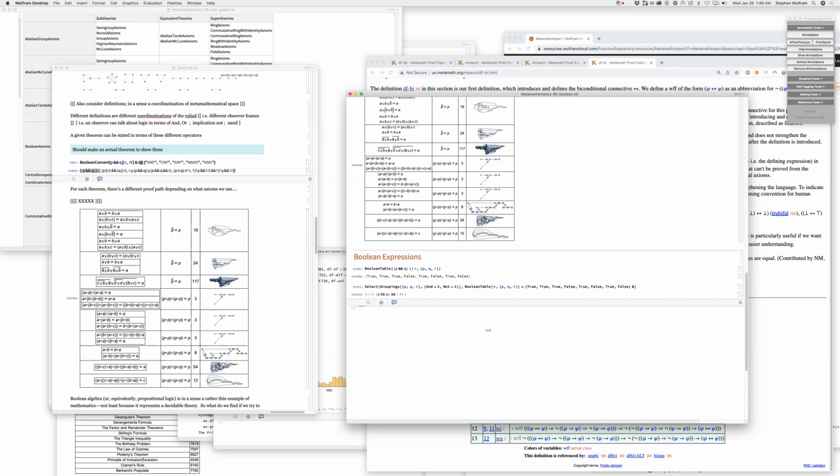Then, for example, we might say the same thing with NAND. Okay, that didn't work. So then what we want to do is PQR.